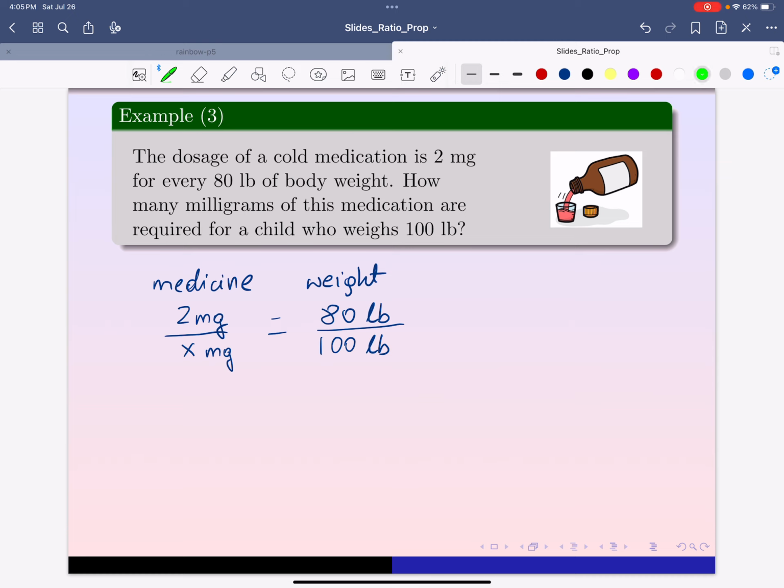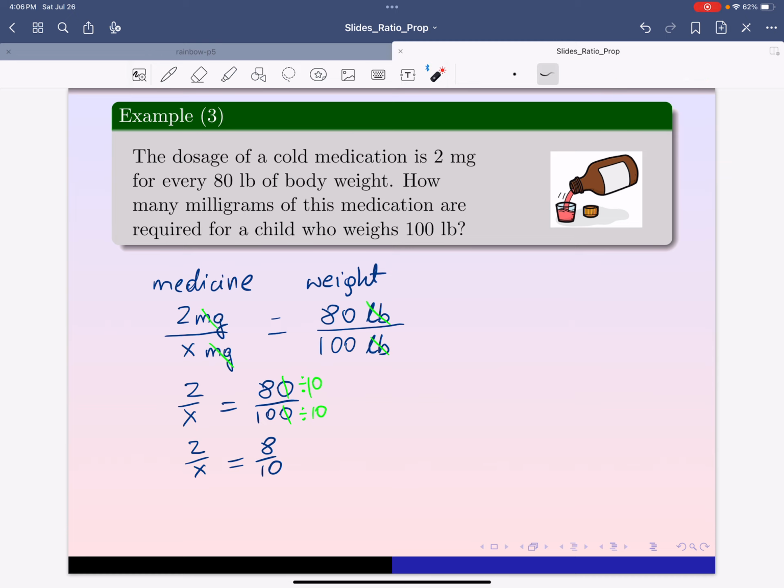In that proportion, my milligrams cancel out and my pounds cancel out, so what I'm left with is 2 over x is equal to 80 over 100. I can also cancel the zeros because that means I'm dividing by 10. So what we have is 2 over x is equal to 8 over 10. We can also divide more, but it's not needed.